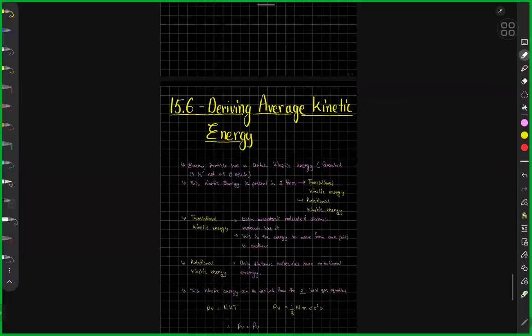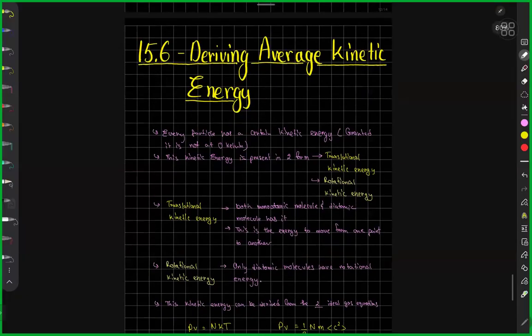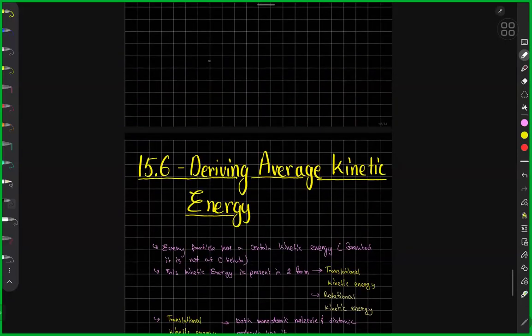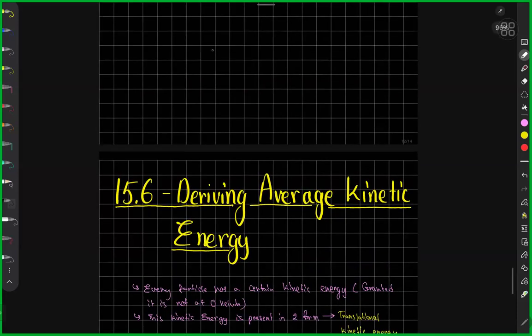Last thing is very, very, very important over here. And that last thing says, what is the average kinetic energy of one particle? Did I, towards the beginning, yesterday especially, teach you guys this?